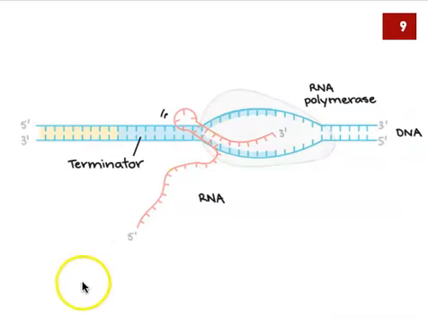All the RNA that's been made so far is sort of dangling off the enzyme. But look what's happened here. The RNA has folded back on itself in this region.